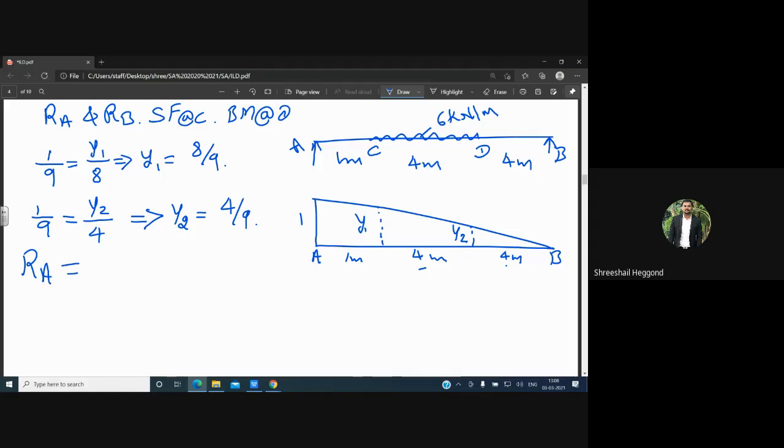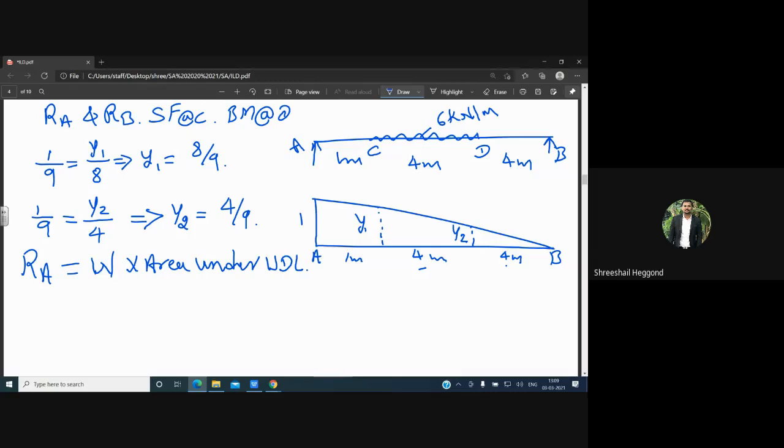Here it is a UDL, so you need to write the applied load quantity into the area under the UDL, uniformly distributed load. You need to find out the area and you need to multiply with the load quantity.